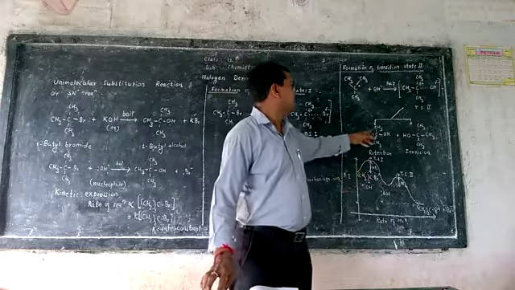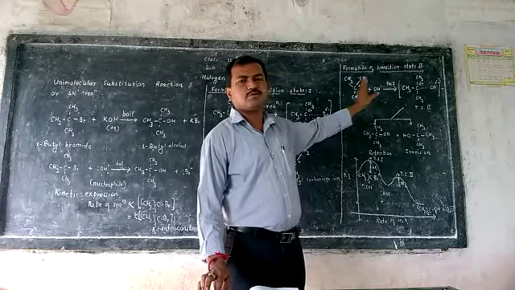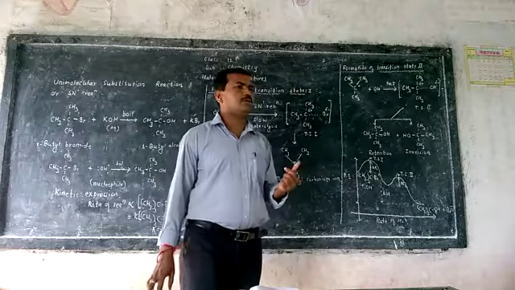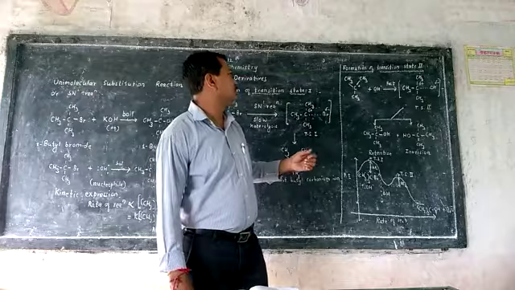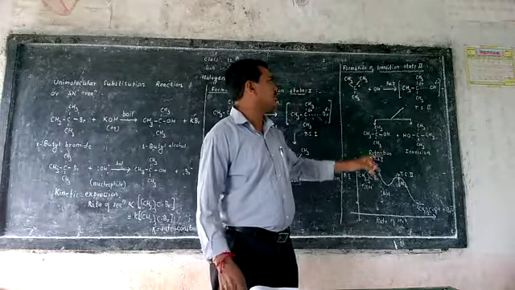Because there is no repulsion, unlike in the SN2 reaction mechanism, this OH negative can attack from the back side as well as the front side.